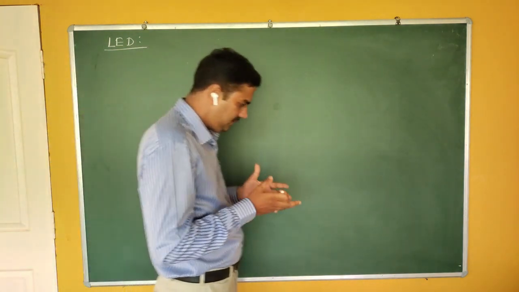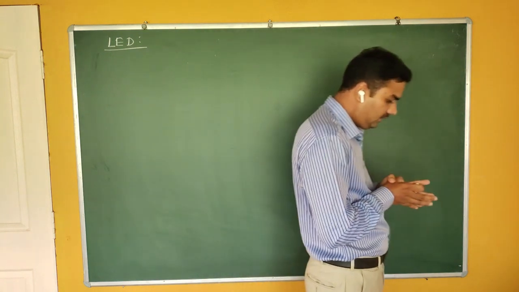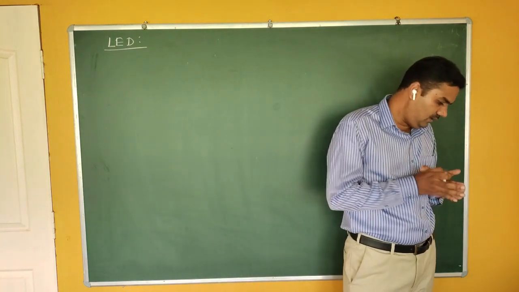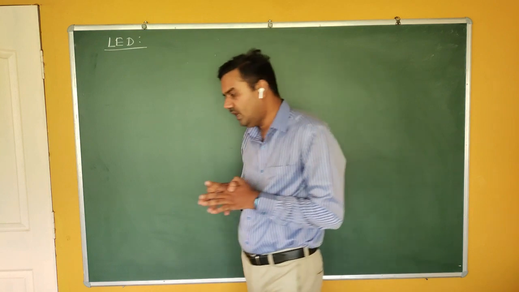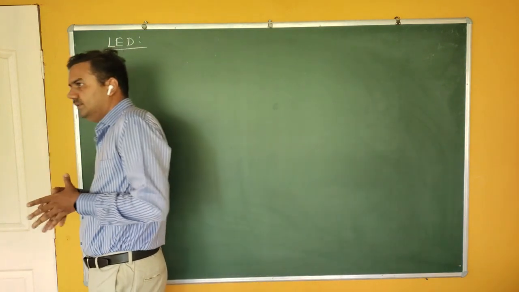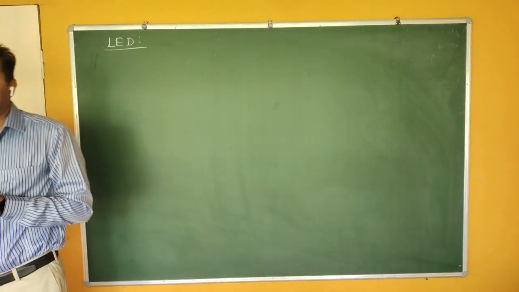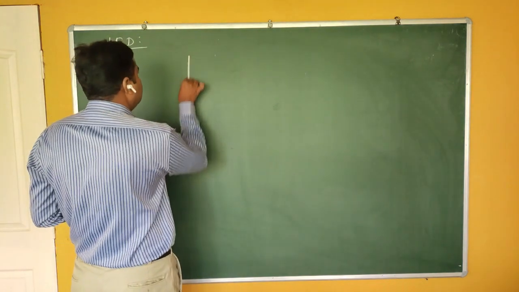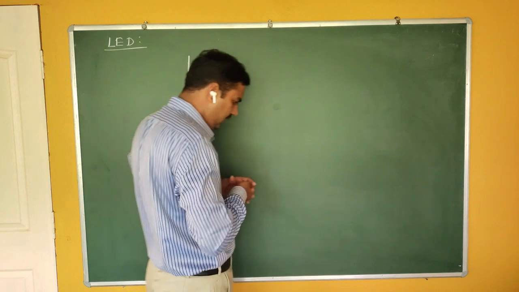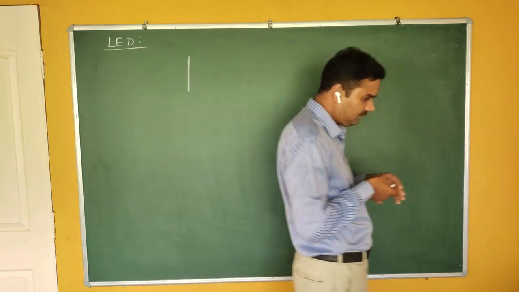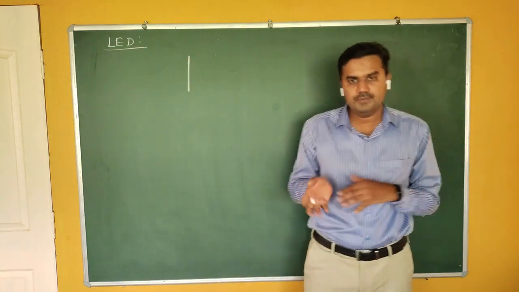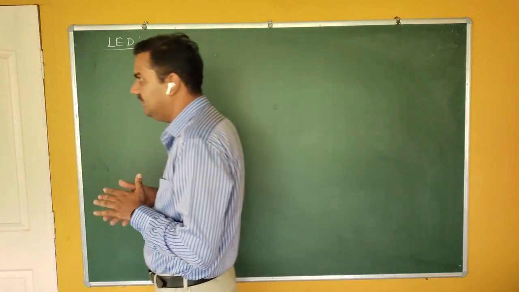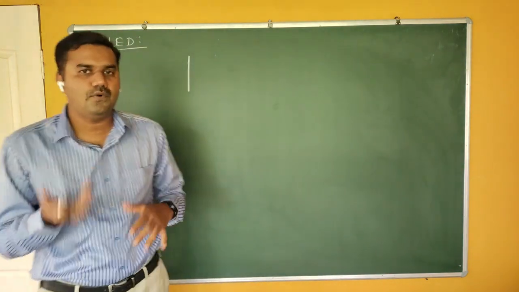Again, it is a specially made p-n junction diode, highly concentrated, with a larger number of electrons and holes. In the last case we took photodiodes, which are used in reverse bias, and this time LEDs are used in forward bias.